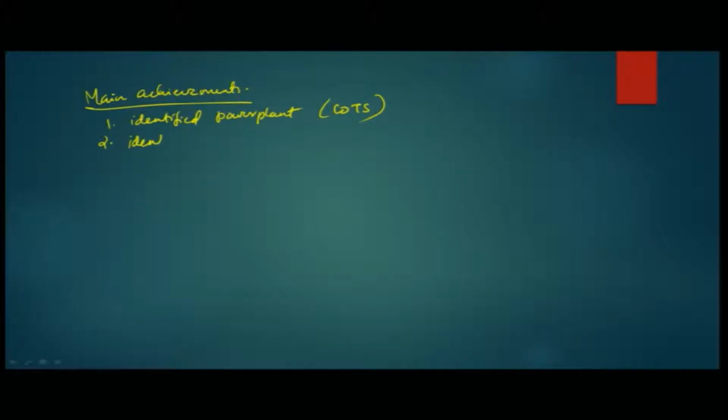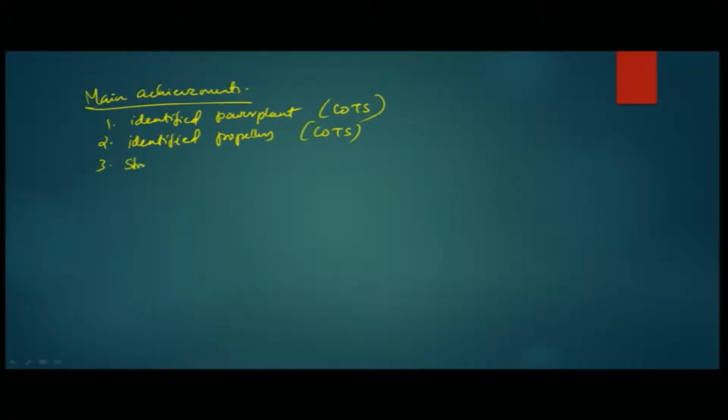Once this exercise was completed to a reasonable extent, we decided it's time for us to build the prototype now. By splitting it into different parts, we are also able to identify the components. The main achievements were: identified power plant, decided as a COTS, commercially off the shelf; identified propellers, also COTS.